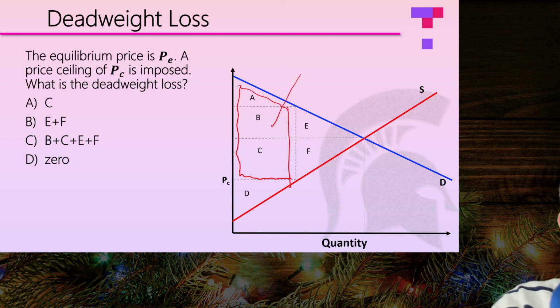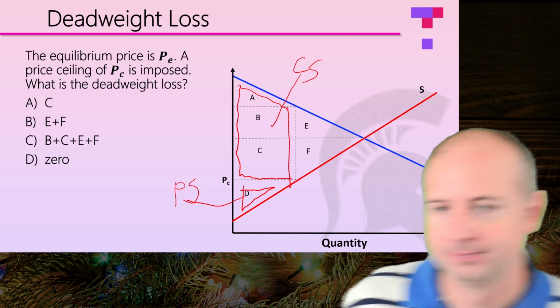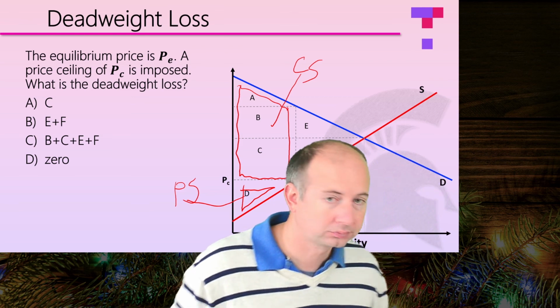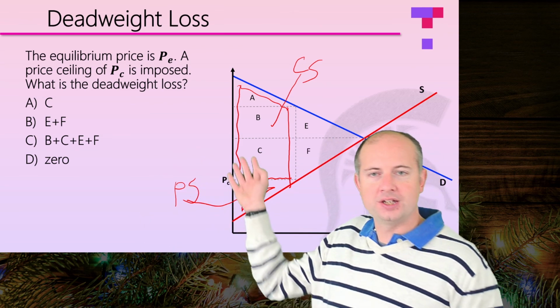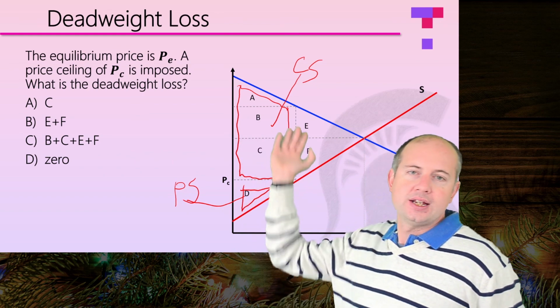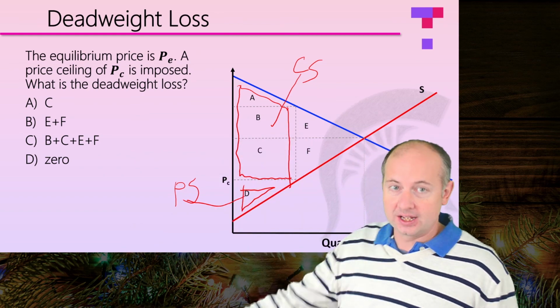This right here is consumer surplus, so A plus B plus C. Producer surplus is D. Price ceiling means lower producer surplus. So that's our total surplus with the price ceiling, and E and F is what we're missing out on because we have the price ceiling.